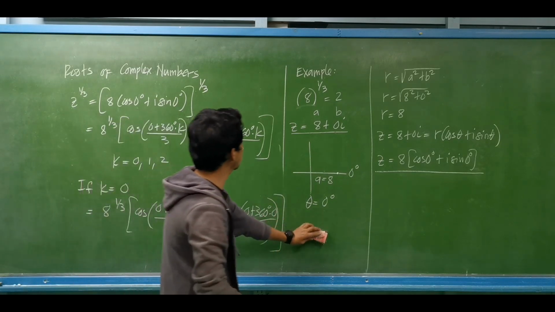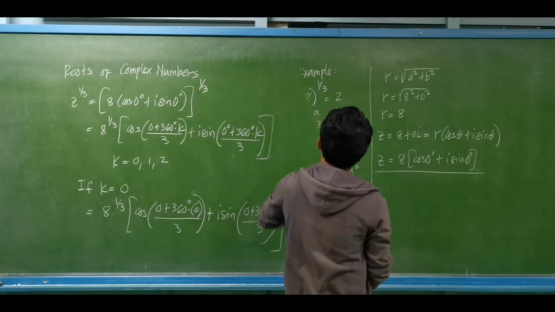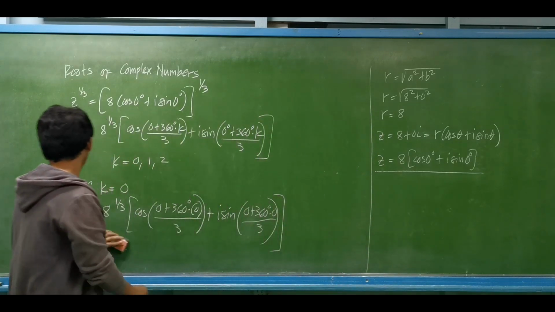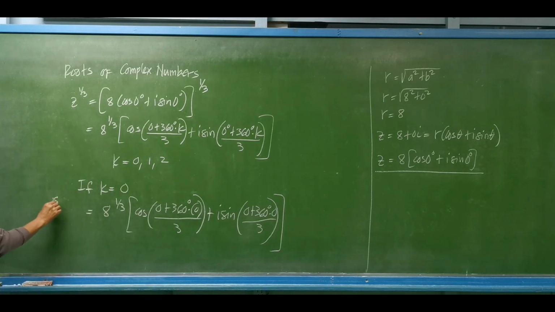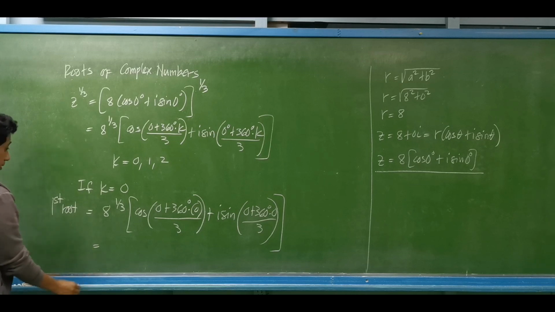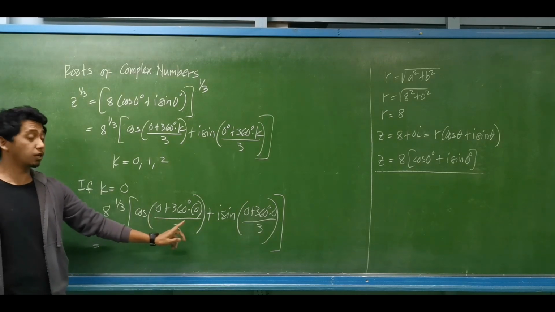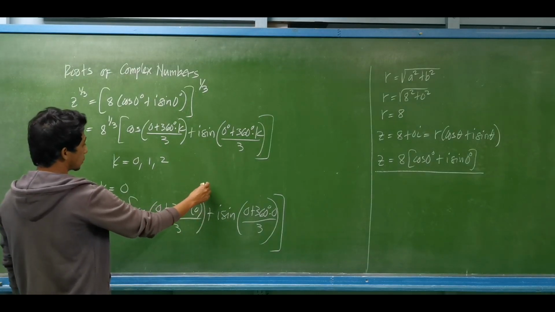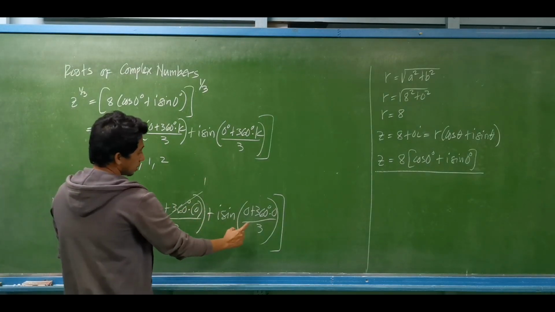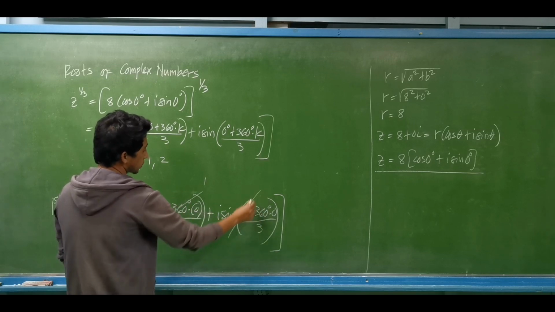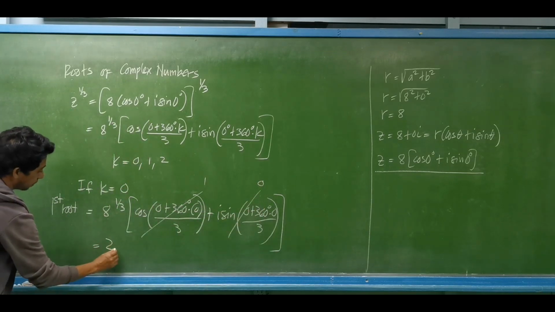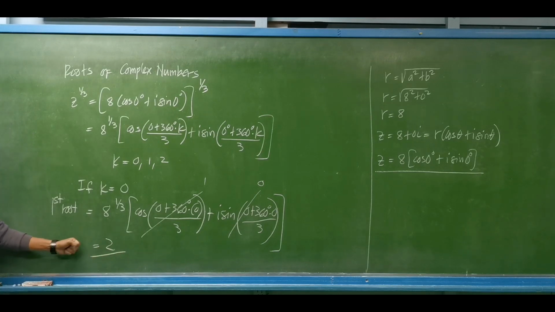So this is the first root. This is basically cosine of 0, which is positive 1, and sine of 0 is 0. The cube root of 8 is positive 2. That is our first root.